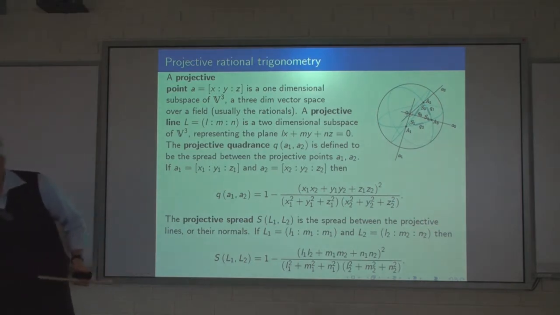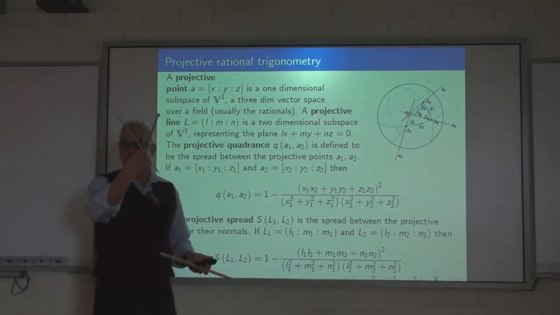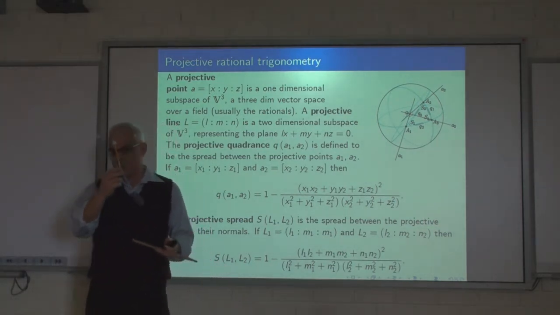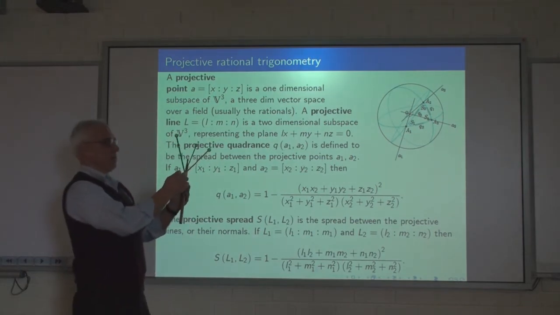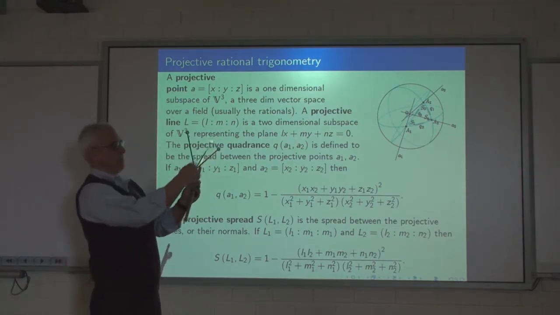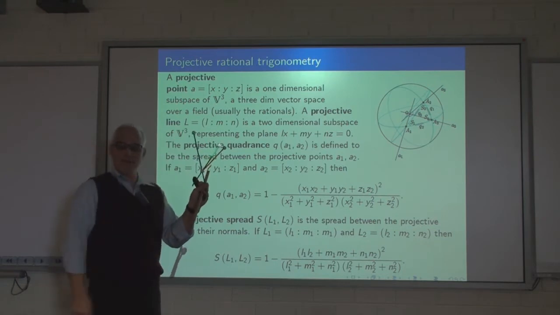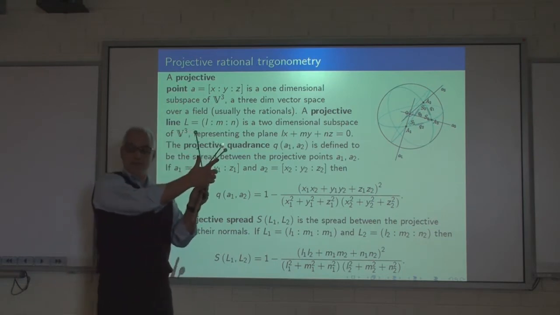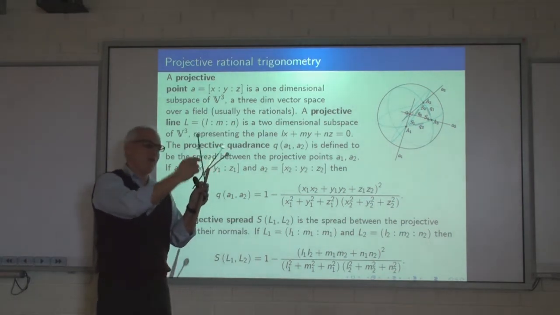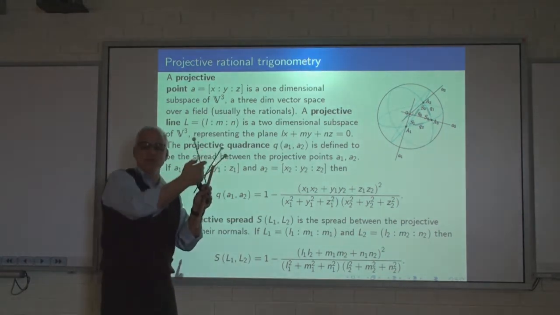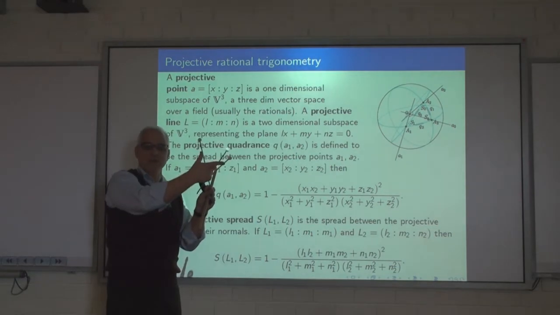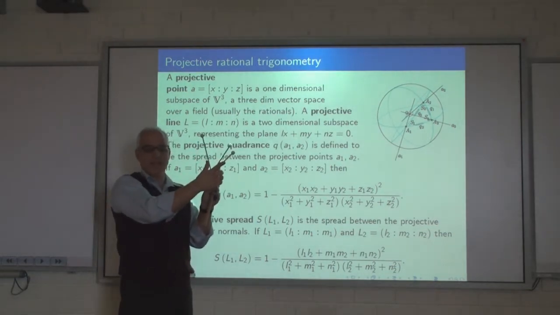The crucial thing is we have lines in space. If we look at just two of them, say the yellow one and the blue one, those two lines have a spread. We've just talked about spread. So we can define the quadrance between these two projective points as being the spread between the two lines that they actually are.